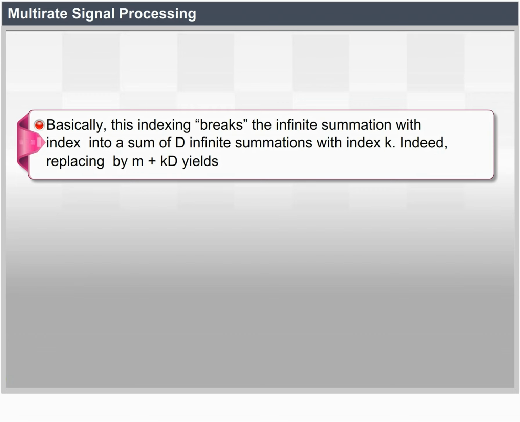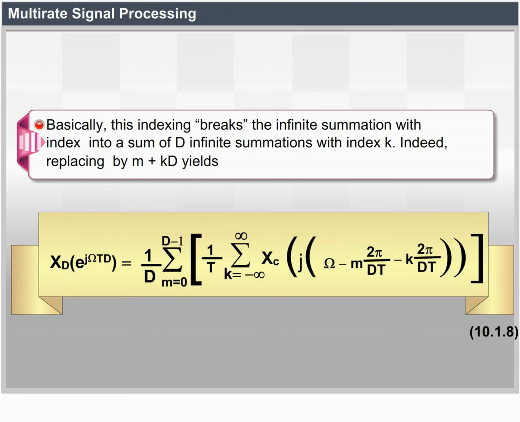Indeed, replacing L by m + kd yields Xd(e^{jωTd}) = (1/d) Σ_{m=0}^{d-1} [(1/T) Σ_{k=-∞}^{∞} Xc(j(ω - m·2π/dT - k·2π/T))], called equation number 10.1.8.